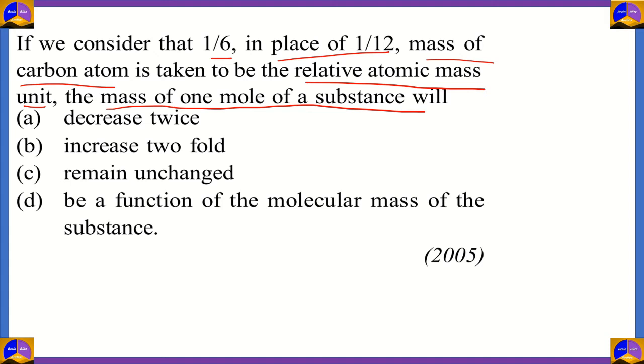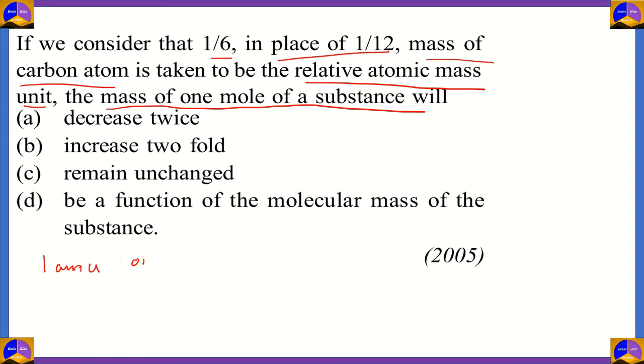So in the standard units of chemistry, the atomic mass unit is taken as 1 by 12 times the mass of a carbon-12 atom. So that's the standard unit. Now what if we take 1 by 6 of a carbon-12 atom instead of 1 by 12 as 1 atomic mass unit?